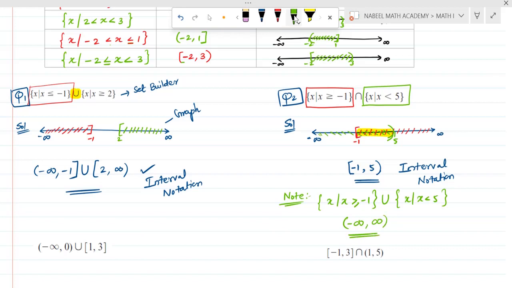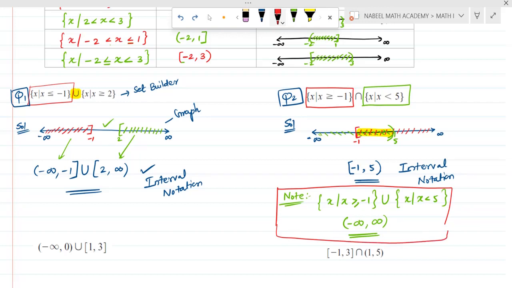Why are we taking minus infinity to plus infinity? Because there is no gap. But in the earlier one there is a gap. That's why we write this one separately and this one separately, and make a union. But here there is no gap between the two intervals. Therefore, if it is a union, I will write minus infinity to plus infinity. So the answer is finished up to the above. This is the extra part, if the question asks what the answer should be if it is union.